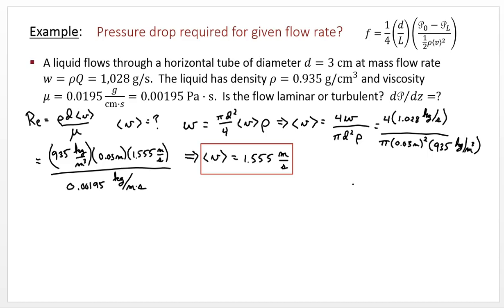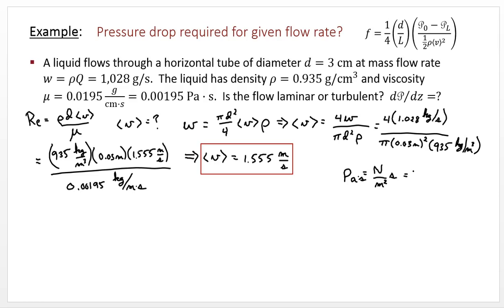So we can just recall here that 1 Pascal is equal to a Newton per meter squared. And so a Pascal times a second is a Newton per meter squared times a second.